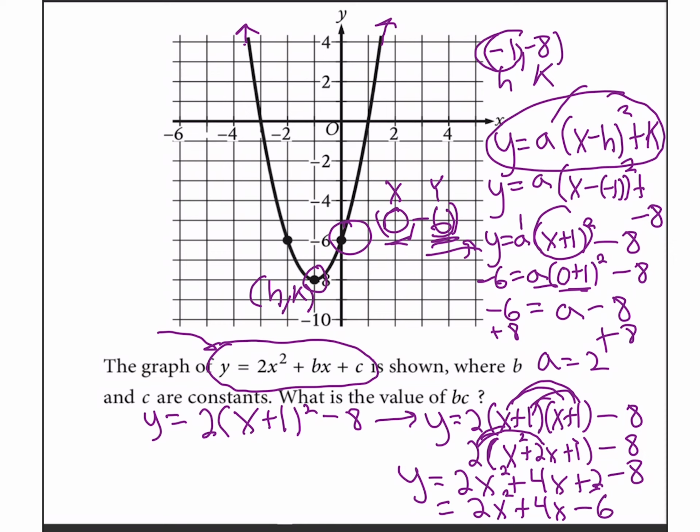And so I'm getting the same answers here. Remember before we got that b, this is the b right here, b is 4, and then this is the c value, right? The c value is there, and we know that c was -6. So I get the same answer.